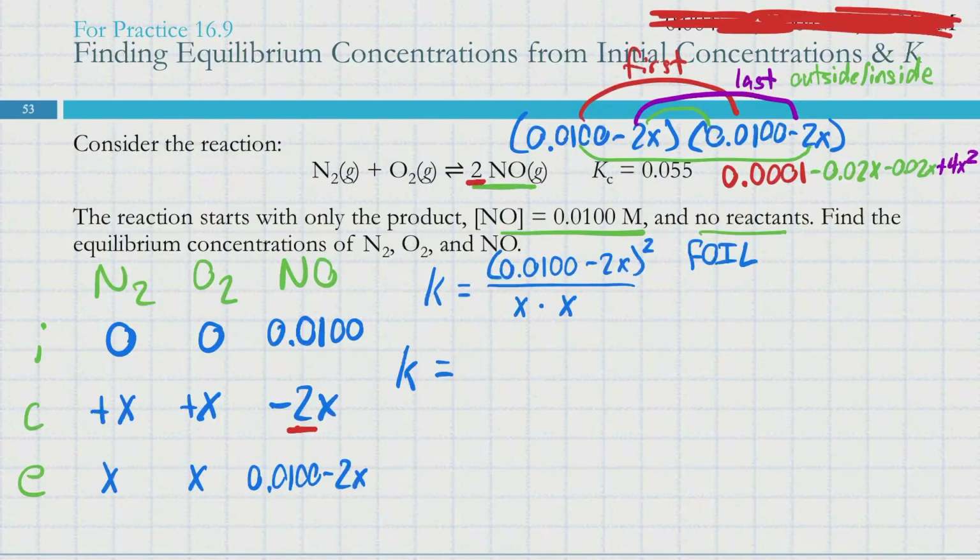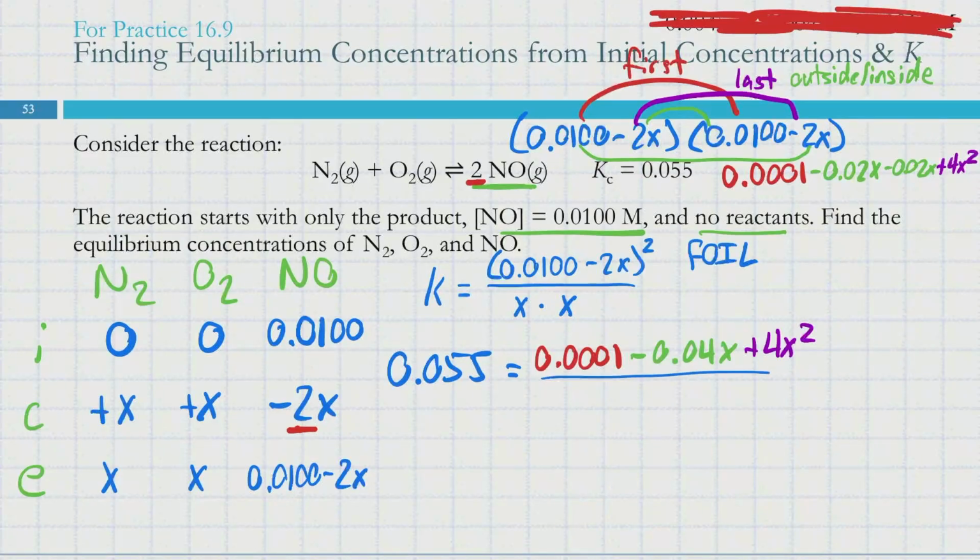So K, which is a number, let's write that number in. 0.055 equals this. Oh, the joys of algebra. We're going to move the x squared out from the denominator so that we can solve stuff.